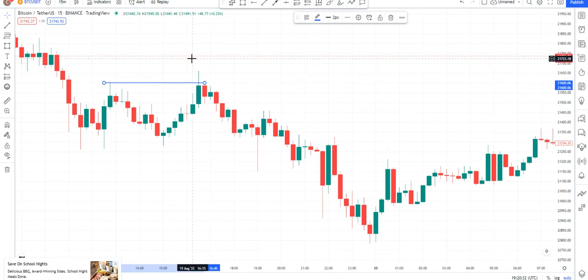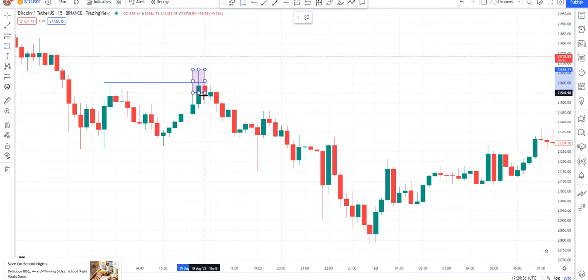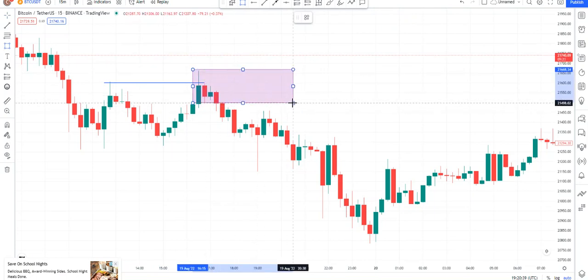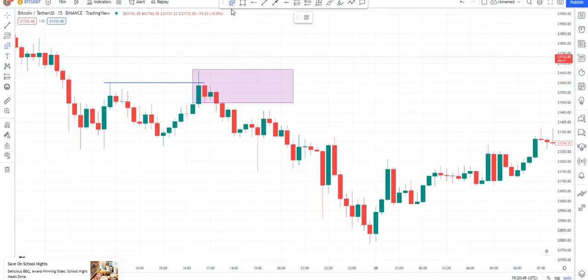What do I mean by mitigation? Let's say that this is the other block that induces liquidity, and this is our important order block. As an assumption, if we have the market coming down like this from that other block, and then it goes back up into the other block, what we call this is mitigation.